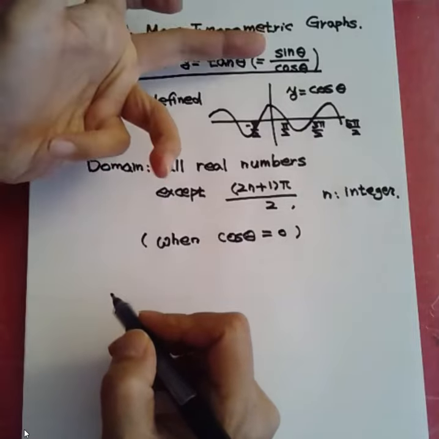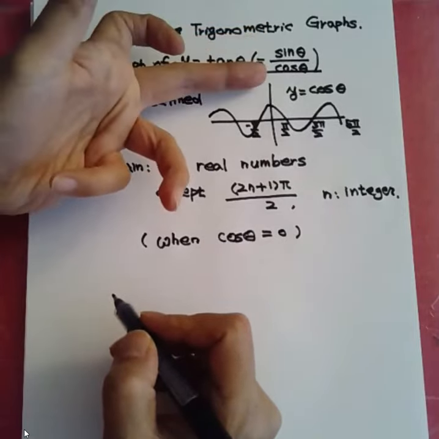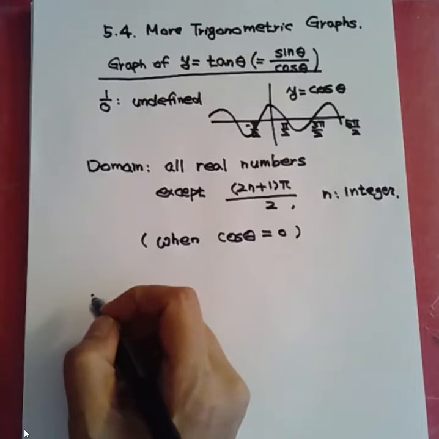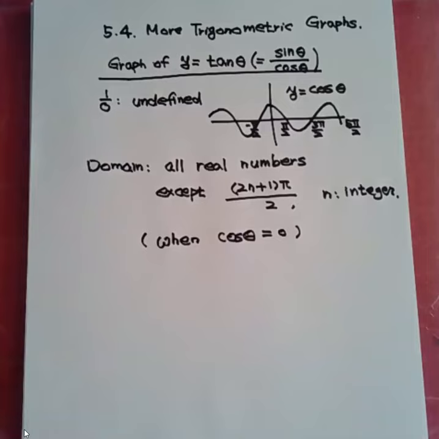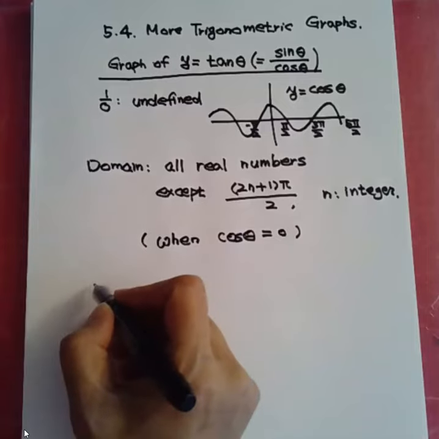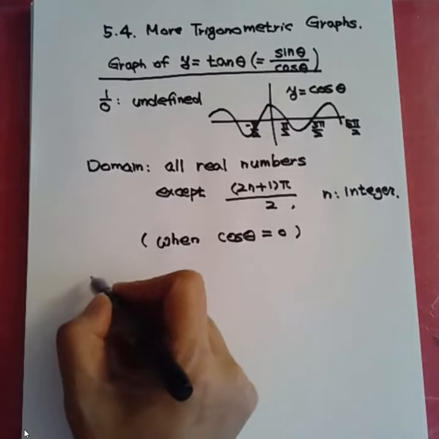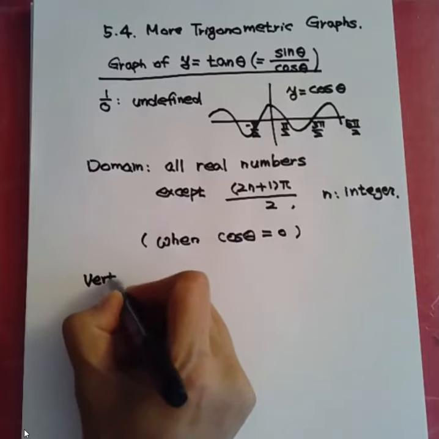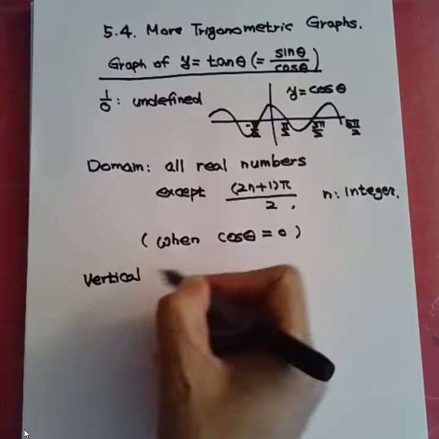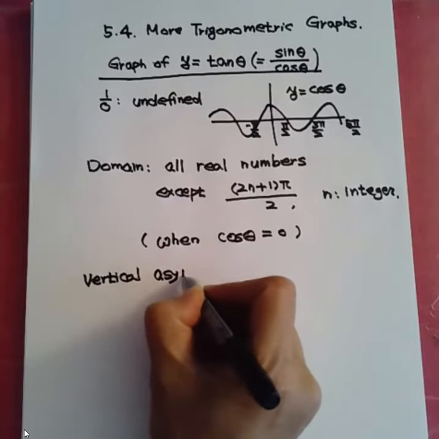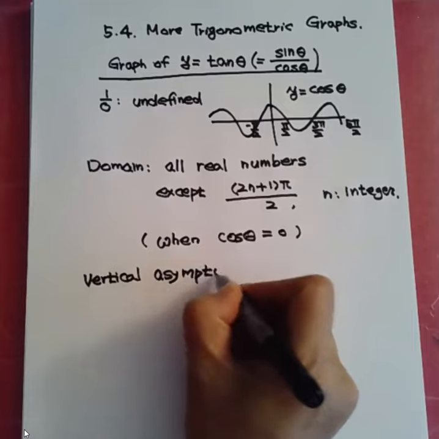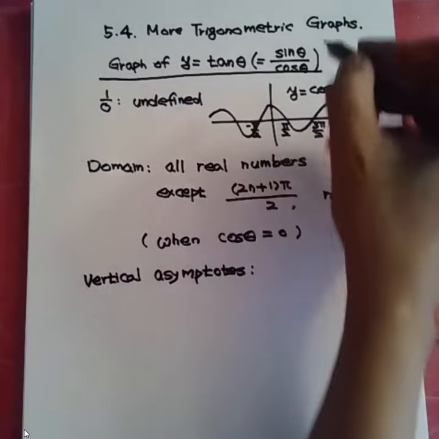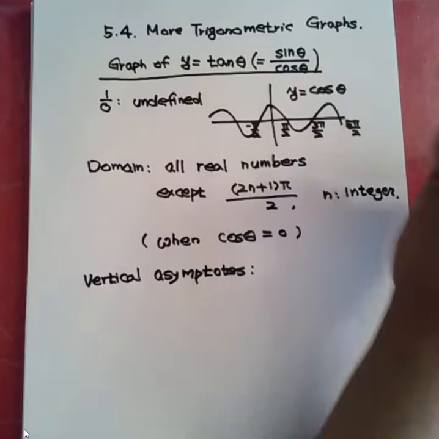Tangent is defined as sine over cosine. That is a fraction form of the function. So when the function is a fraction of the functions, then there are vertical asymptotes whenever the denominator, cosine of theta, becomes 0.